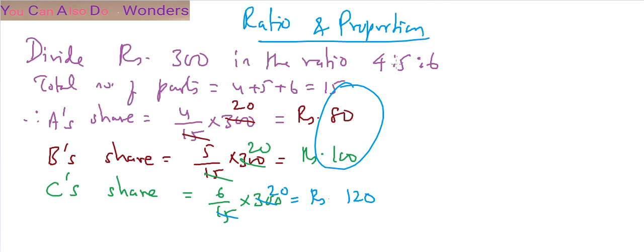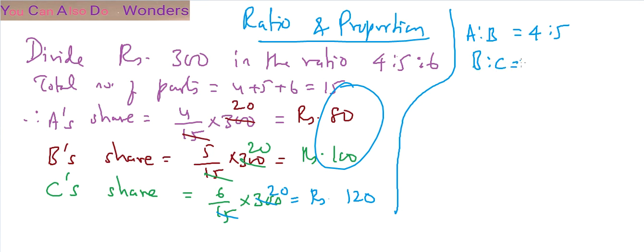Now see the ratio. First two: in what ratio do we divide A to B? They get the ratio 4:5, correct? So B is to C, this is for A, this is B, this is C, so 5:6, correct?